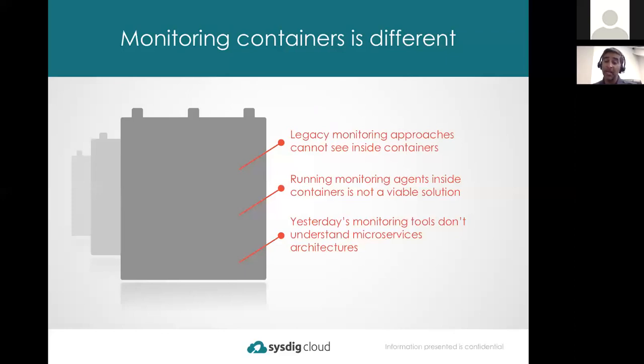But at the same time, containers are designed to be lightweight and isolate processes, which means that it's not a viable solution to simply put monitoring agents inside each and every container. You create tons of dependencies, and you lose the lightweight nature of those containers. So that's a huge problem: you can't see inside something, and at the same time, you can't put your agent inside to take a look at what's going on.